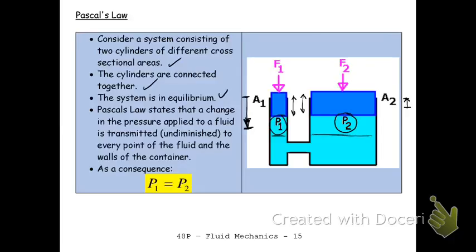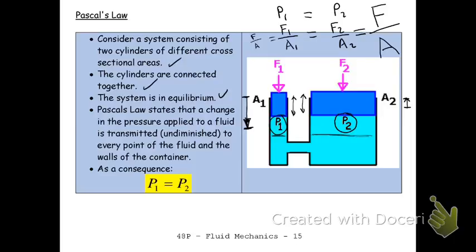Now if the pressure 1 equals pressure 2, that means the force at 1 divided by the area of 1 equals the force at 2 divided by the area at 2, because that's what pressure is. And if I show it a bit more graphically, a little force over a little area can balance a big force over a big area.